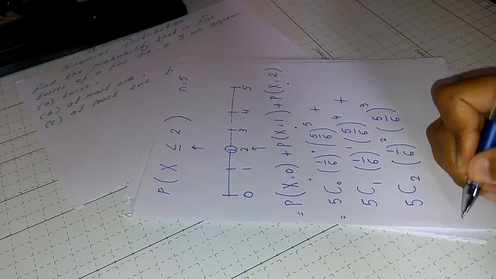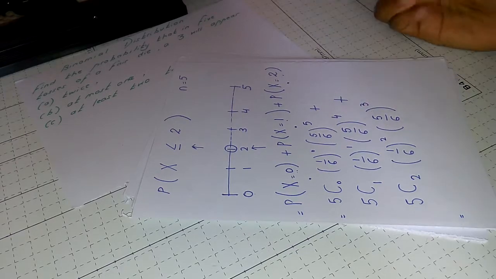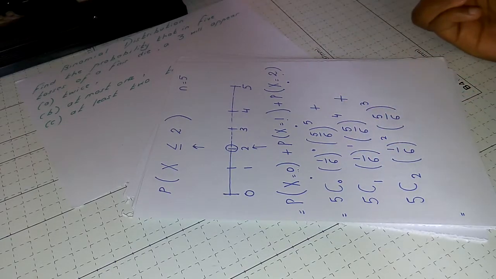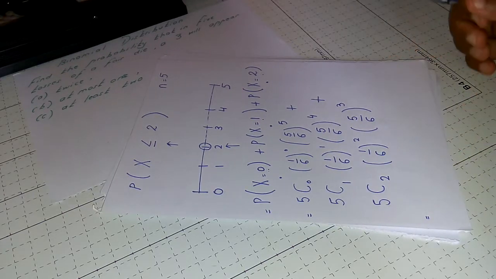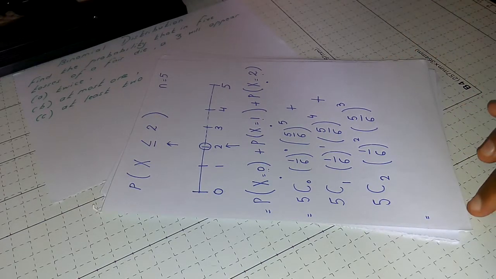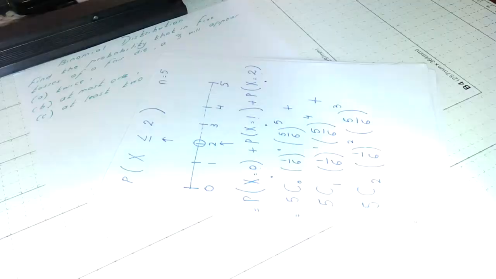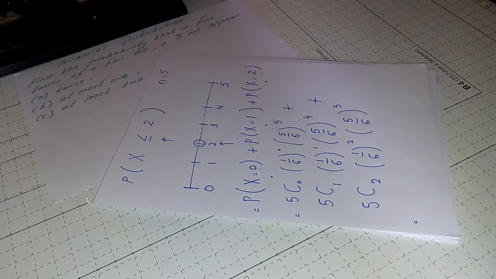Once you've written all the probabilities, you can just use a calculator and get the value. I will let you do this part, and then we can continue with the third part.